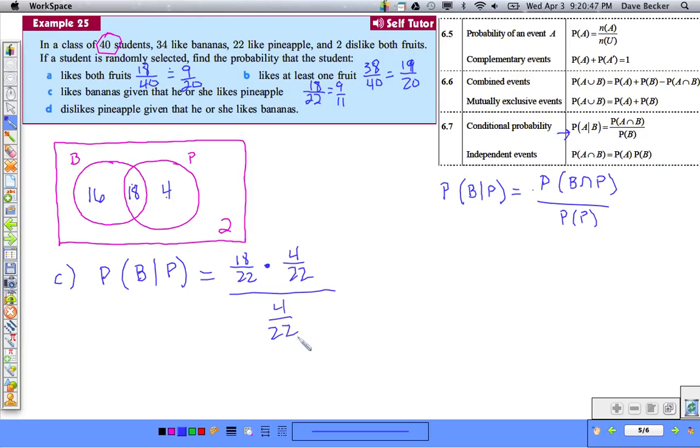And I said don't cancel because I wanted you to see that that will cancel. And we still get the 18 out of 22, which is 9 out of 11. Much easier using the Venn, but I just wanted to show you how it worked out using that formula.